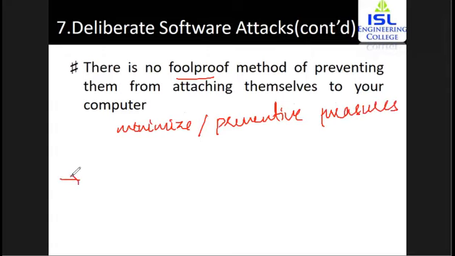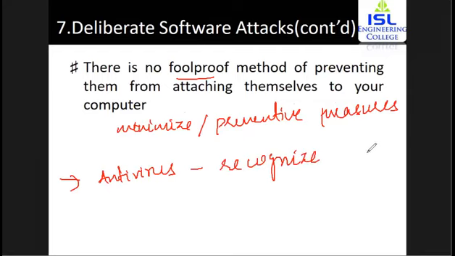For example, you can use an antivirus software that is going to recognize any virus within the file, and it is going to tell you what action needs to be taken, or you decide what action needs to be taken based upon that particular threat.